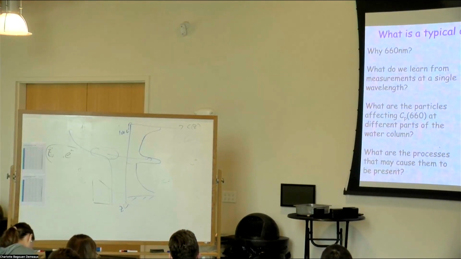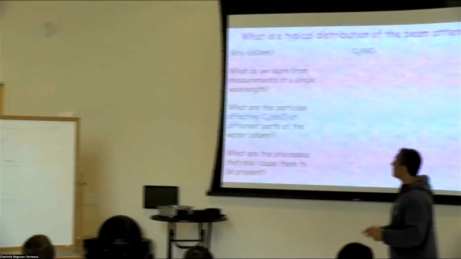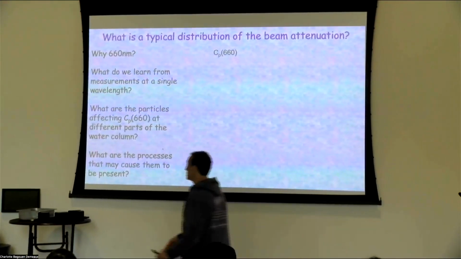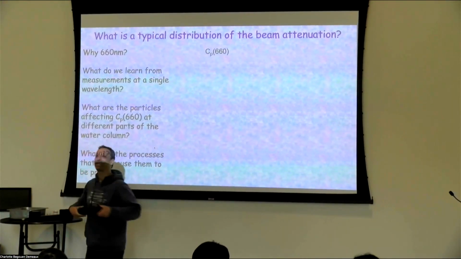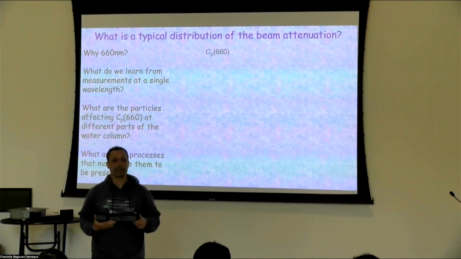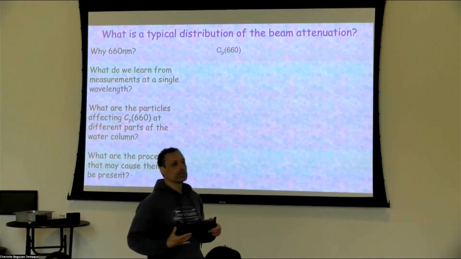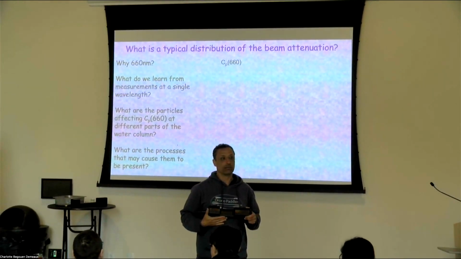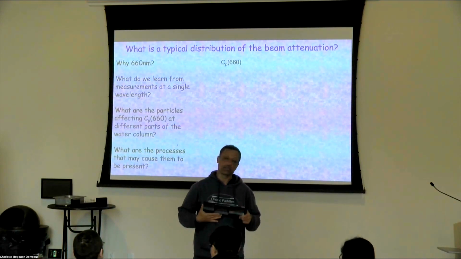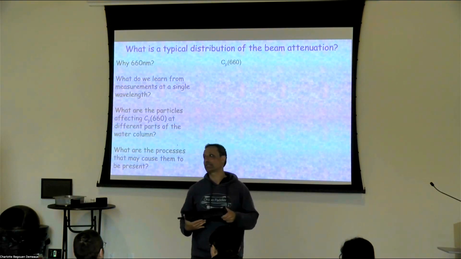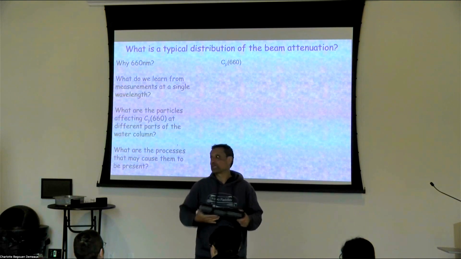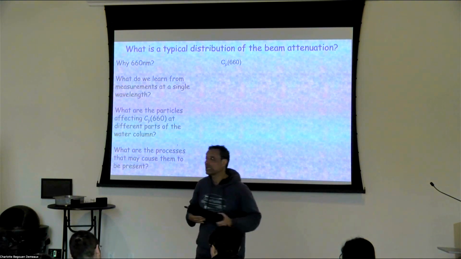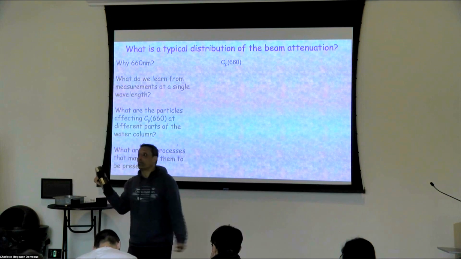So what do you think we learned from a measurement at a single wavelength? I have a single instrument. This is what I have, and what can I do with it? What does it tell me about the particles? Concentration, that's it. I have lots of particles or I have fewer particles. Nothing about the size distribution, nothing about the characteristics, because I'm doing a single measurement.